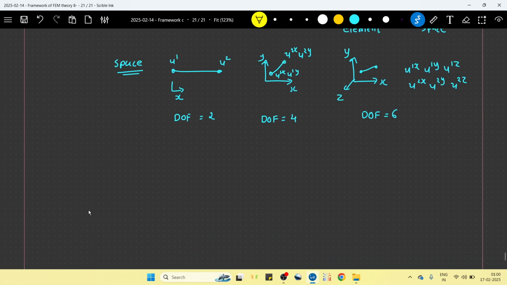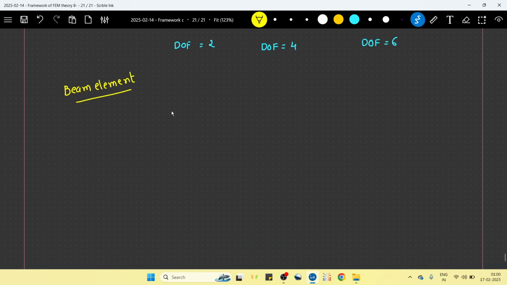Then within 1D elements we can also have the beam element. So a beam element is something like this. This is also a 1D element. The other two dimensions are very small compared to length.